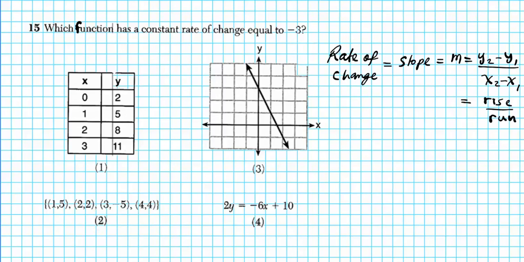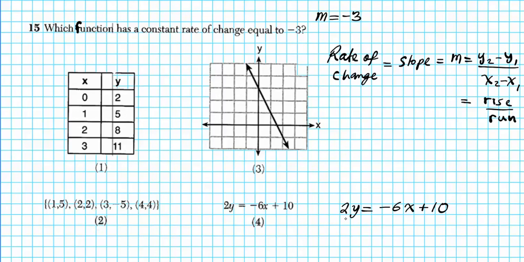So the question is asking, in these 4 representations of a linear function, which of them has a slope that is equal to -3? All right. So let's be efficient here. Which one is the easiest to find the slope? Well, I like this one right here. So for option 4, you have 2y equals negative 6x plus 10. Why is it so easy to find the slope here?